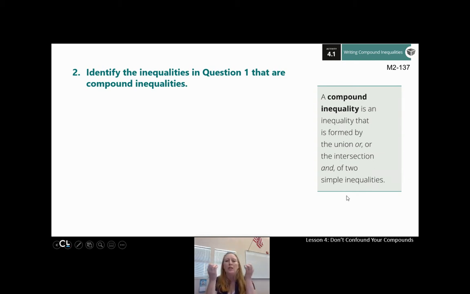So if you have two inequalities, and in between them you see the word or or the word and, that means it's a compound inequality. We refer to the or as a union and we refer to the and as an intersection. We'll talk more about why we say that in just a little bit.